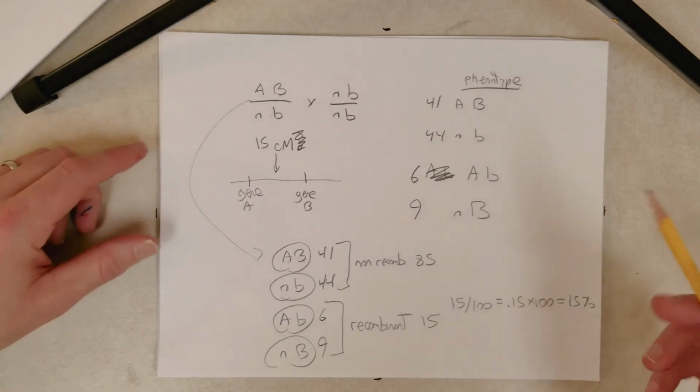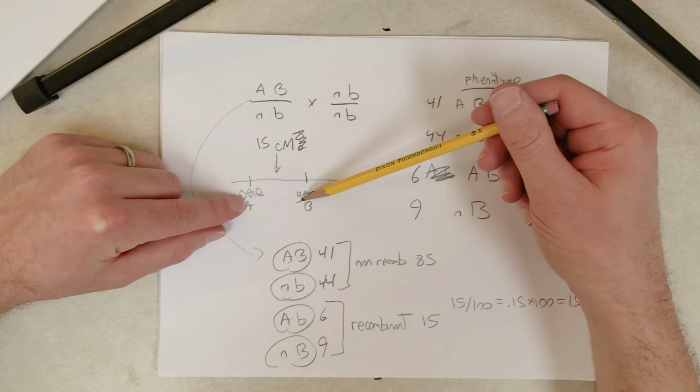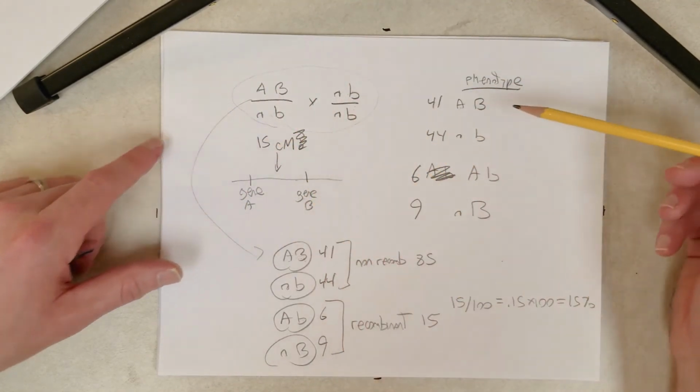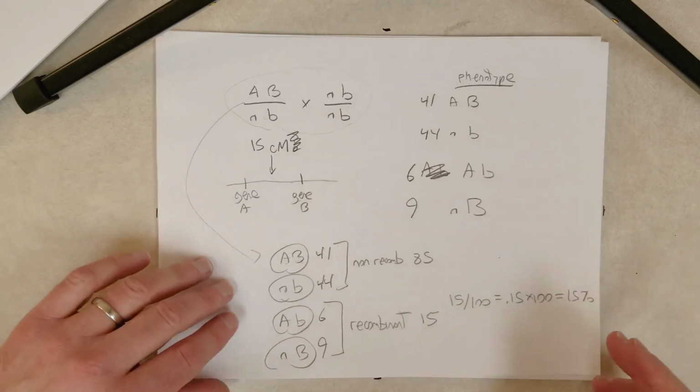And okay, so that is calculating distance between two genes given the genotypes of the parents and the phenotypes of the offspring. Now, we should be able to do the other type of calculation, which is if we are given the distance between the genes, predict the percentage or the numbers of offspring with each phenotype.